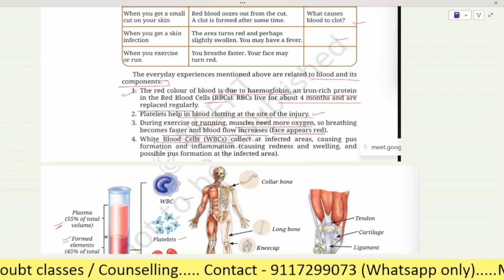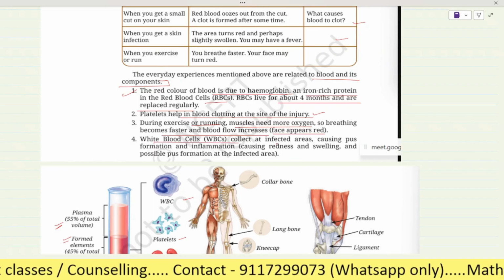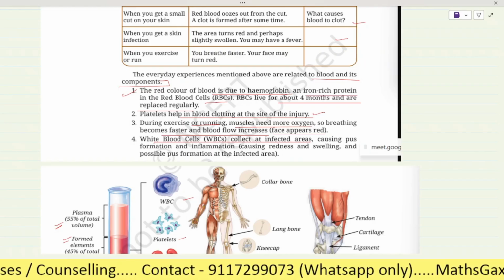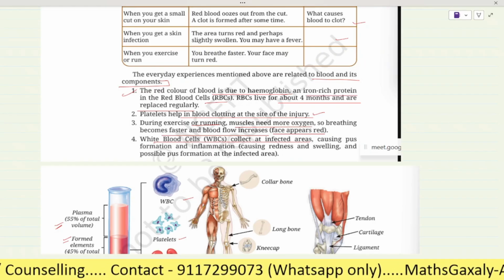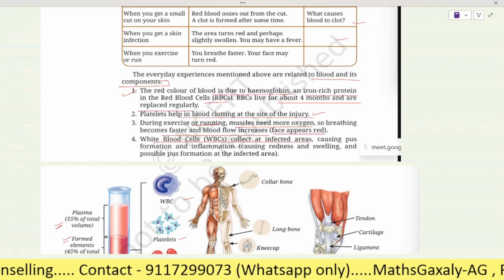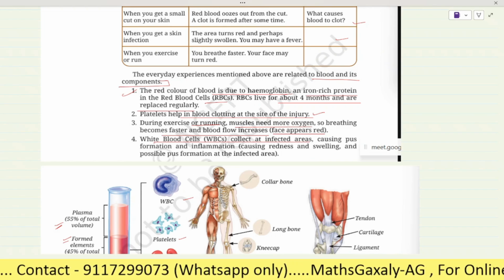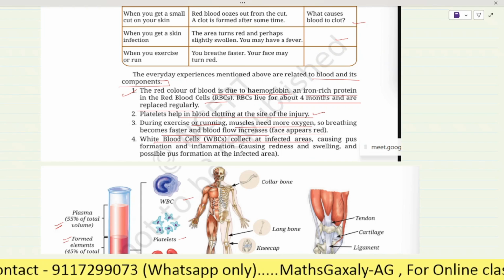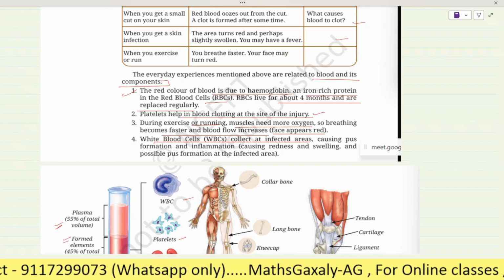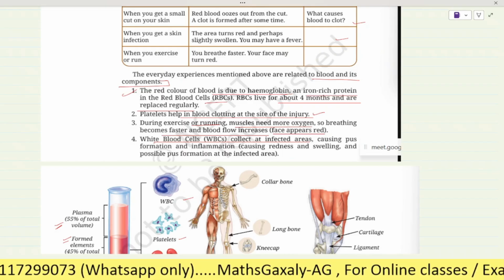And white blood cells, that is WBC, collect at the infected area, and inflammation causes redness and swelling and possible pus formation at the infected area.